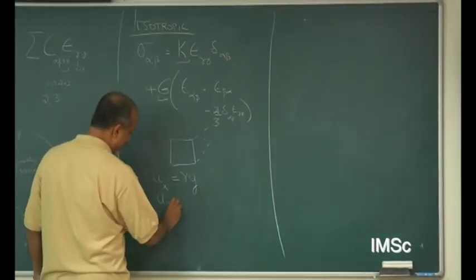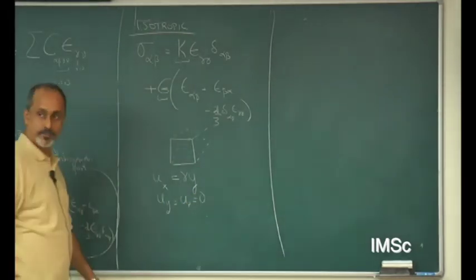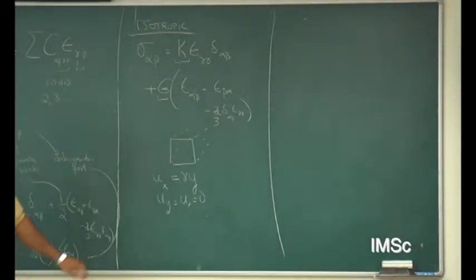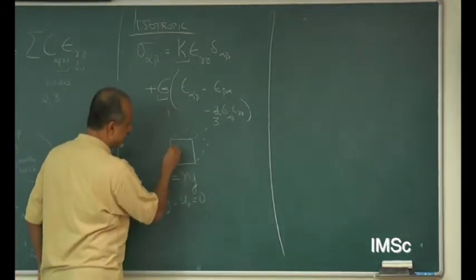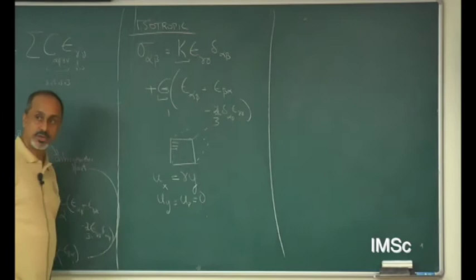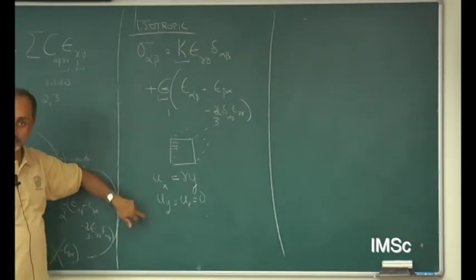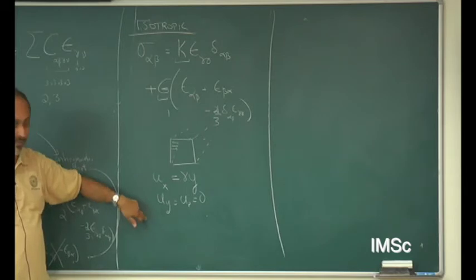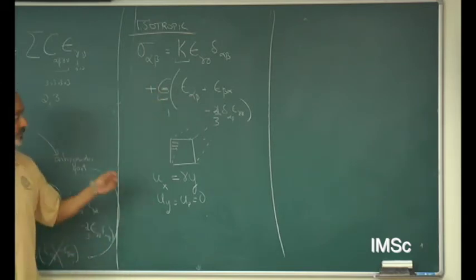uy and uz are 0. All right? So remember, this is y, this is x, these are the displacements. So now we want to ask, what is the stress that gives rise to that strain? So the answer is take this, put it back in there, in terms of these displacements.